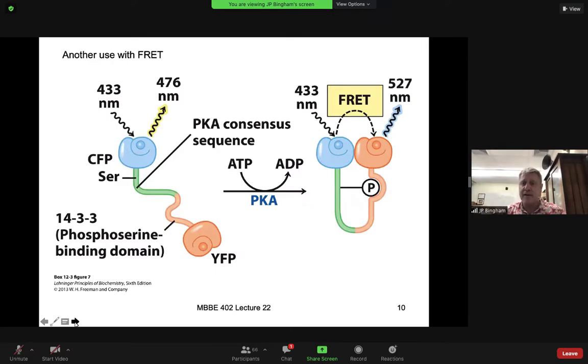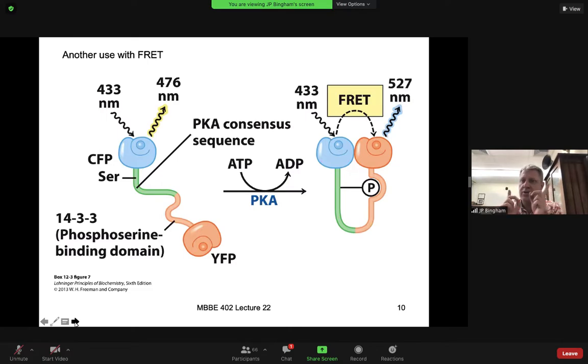Another use of FRET is when we're looking at proteins interacting with a particular region. Let's think of the calmodulin protein we talked about, where we have calcium, which then causes a three-dimensional structural change. We can put the fluorescent proteins on either end of those structures.